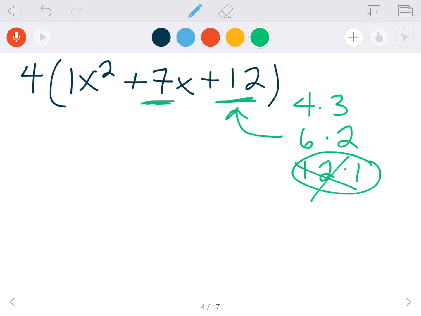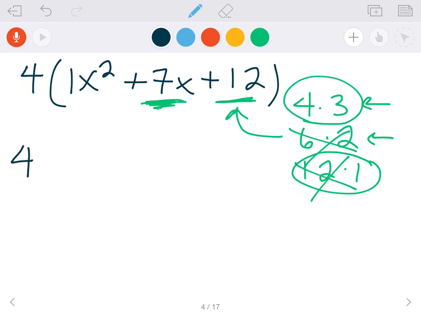And 13 does not equal 7, so it's not going to be that one. How about the middle one, 6 times 2? Well, that's 12, but what is 6 plus 2? That's 8, and 8 is not 7, so we can't use that one. How about 4 times 3? Well, 4 times 3 is 12, but what's 4 plus 3? That is 7.